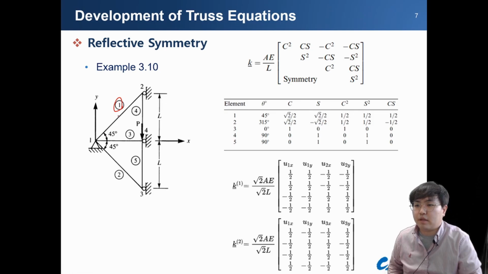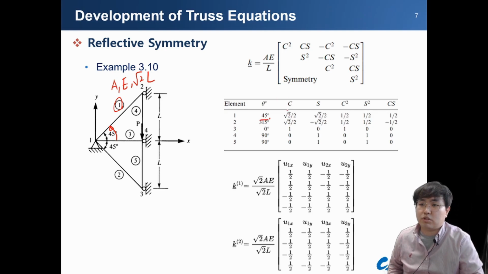The first element has a cross-section area and Young's modulus, and if we put the length as L, the length is root L. And this first element is rotated 45 degrees in the positive direction, that means theta is equal to 45.